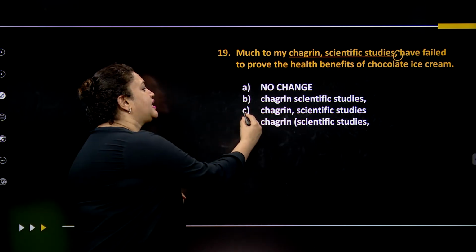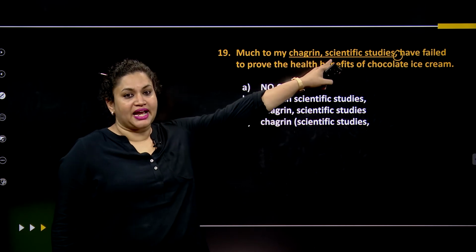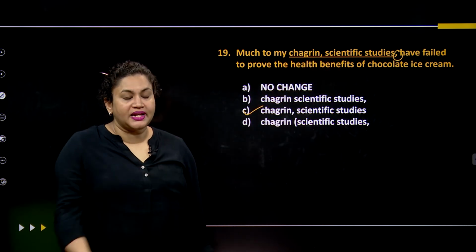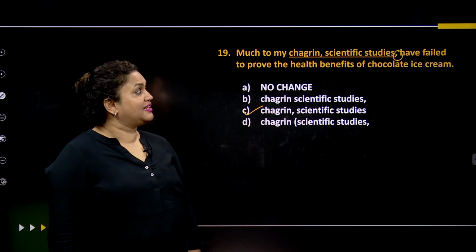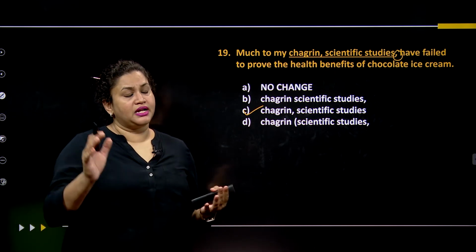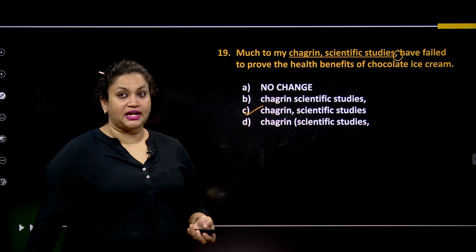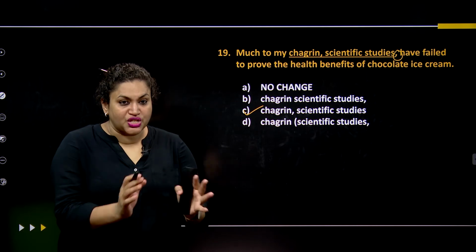Therefore, C is the right answer, because it is not an aside. Scientific studies is not an aside here. Rather, it is a subject and then the verb follows. So, therefore, that is a continuous sentence. C is the right answer. Please check.